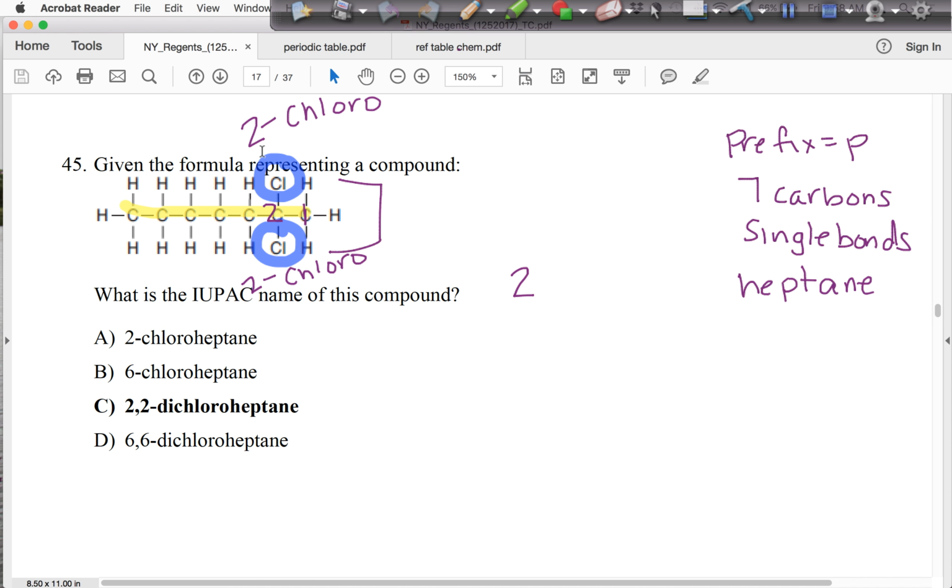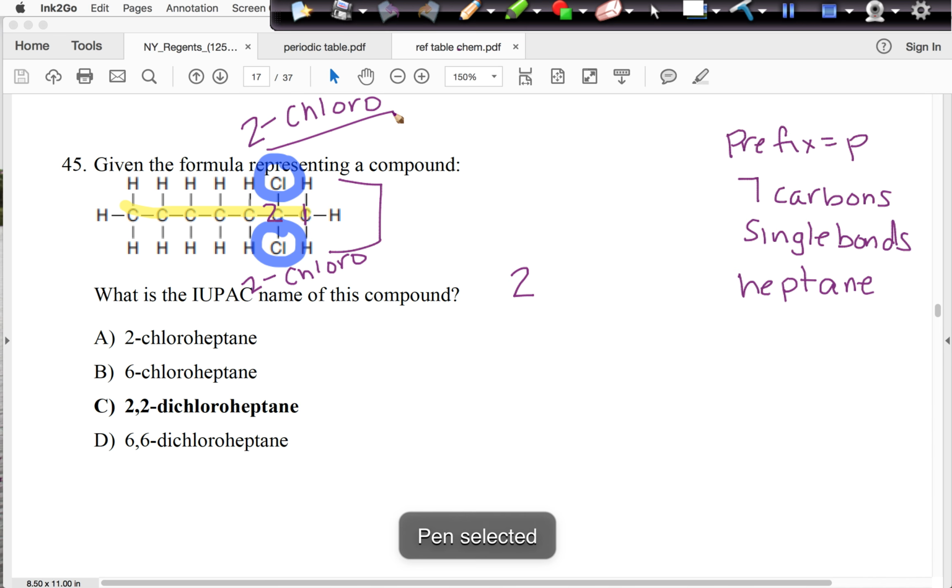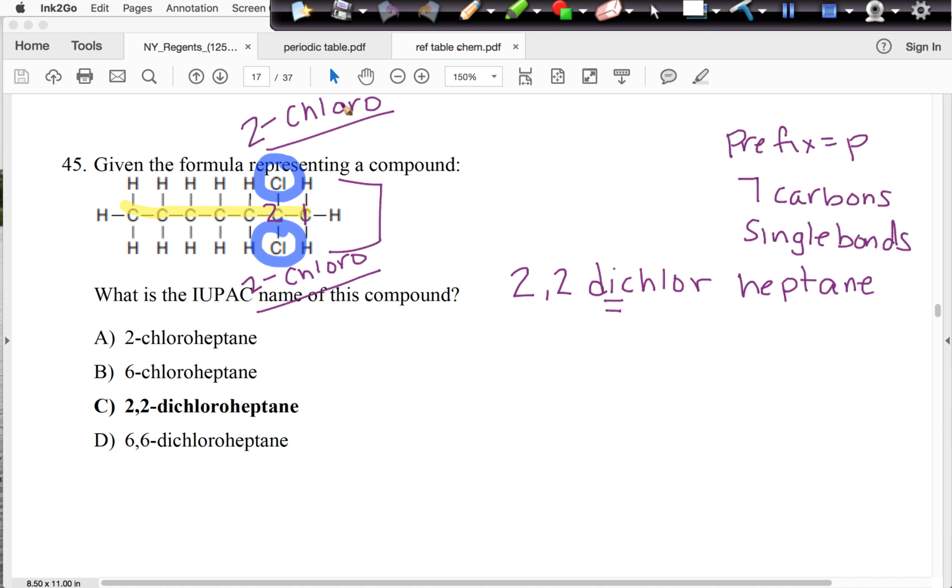So if this is a 2-chloro and this is a 2-chloro, we're not going to say 2-chloro, 2-chloro. We're going to say 2,2 and use the prefix di, which means that there are 2 chloro groups. They're each on the 2. Each group needs to have its own number, and there are 2 groups, which is why we get the di. So 2,2-dichloroheptane.